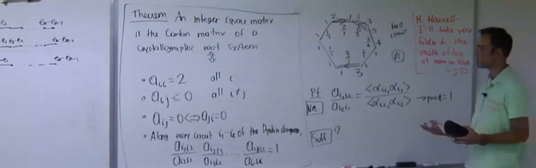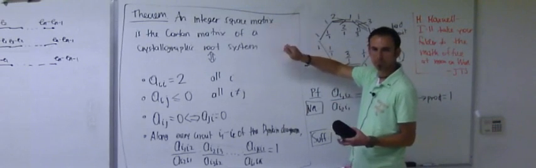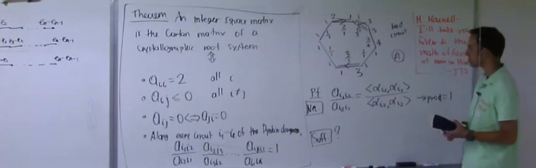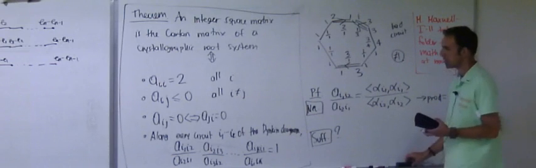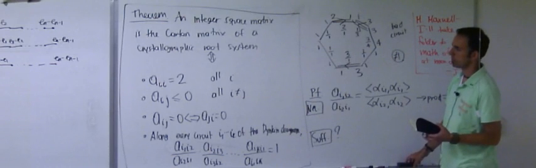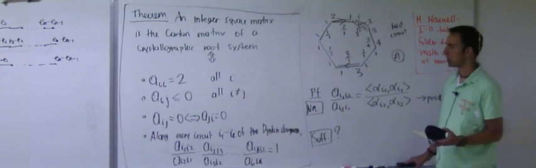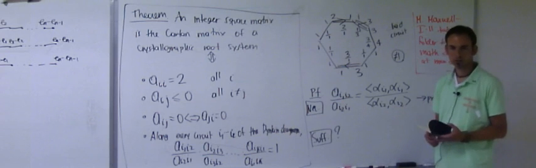So if I give you a Cartan matrix that has these properties, how are you going to construct a root system for which this is the Cartan matrix? Okay. Now, one way of constructing a root system is from a Coxeter group, right?